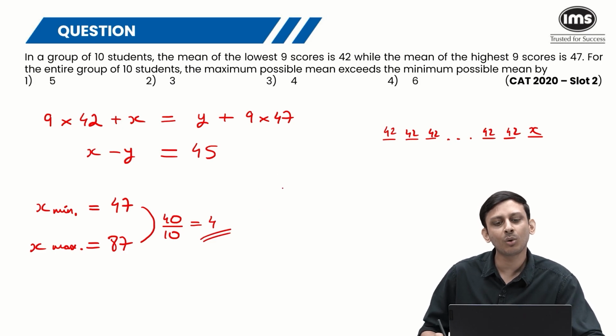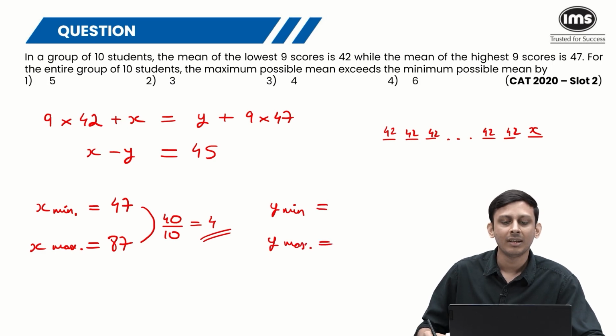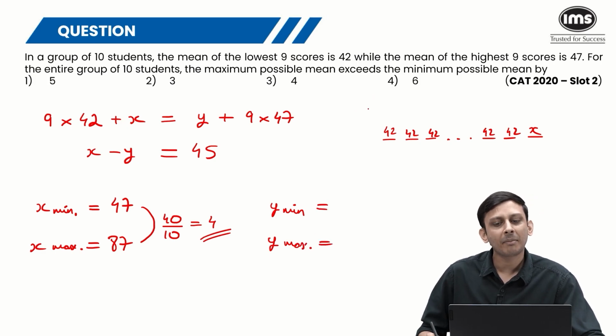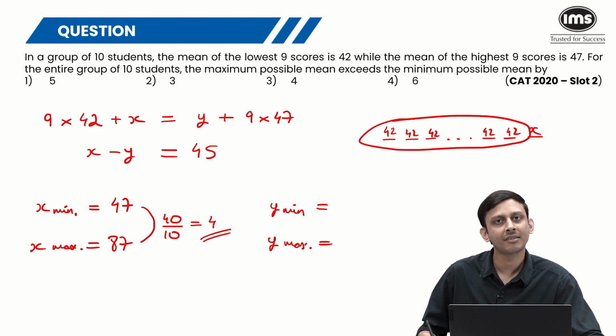But now let's also look at it from y's perspective. Let's also see how we could have solved using the minimum value of y and the maximum value of y. Now, the minimum value of y, in fact, the maximum value of y we have already seen, 42 in this case.